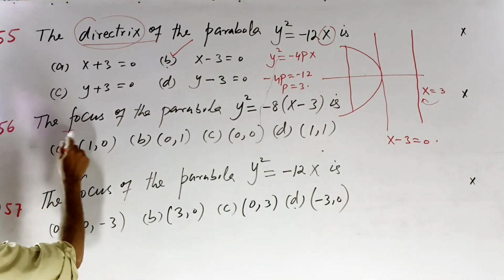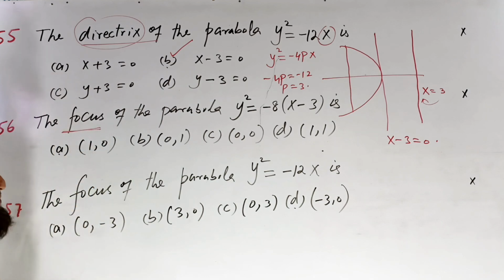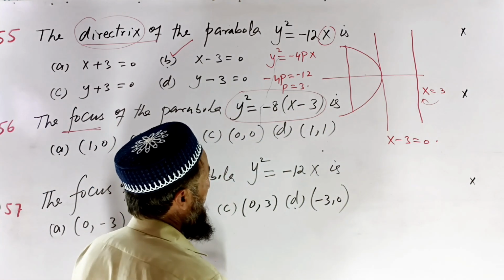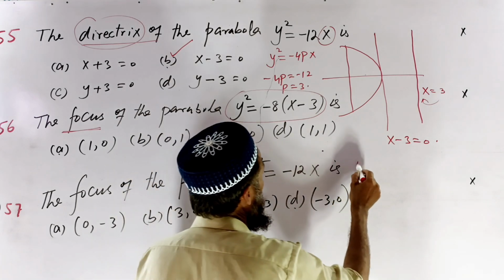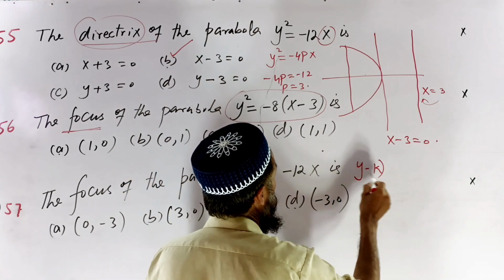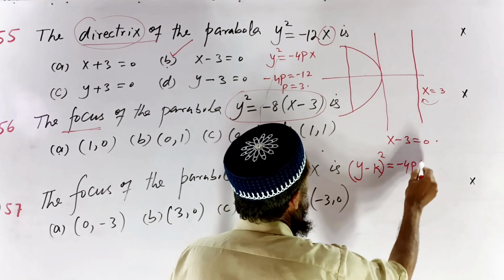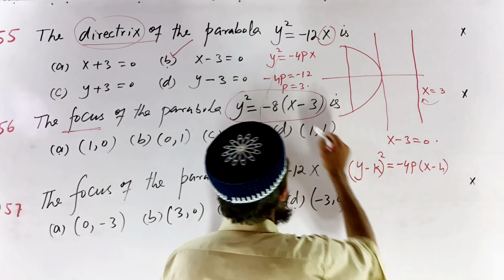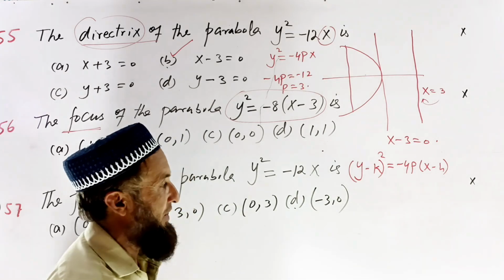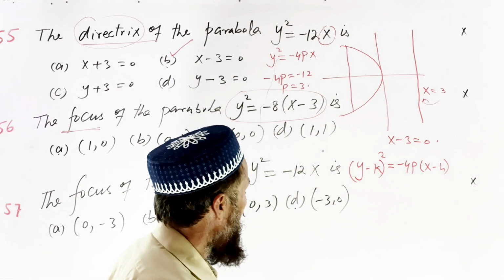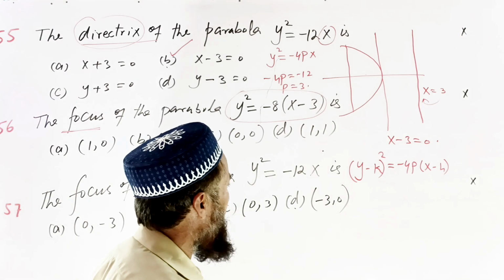Similarly, in the next question, the focus of the parabola is required. Generally we compare with the standard form, y minus k whole square is equal to minus 4p times x minus h. The parabola is along the x-axis with h and k shifted units, also called translation units.